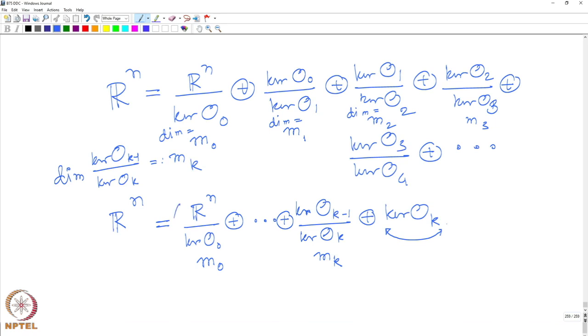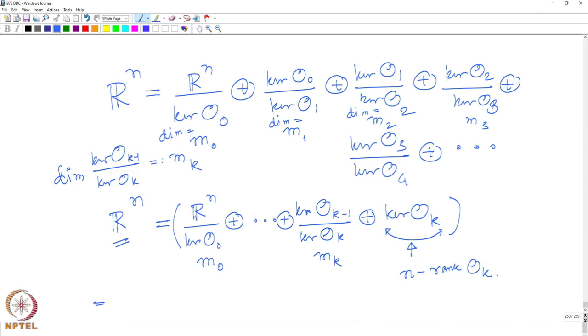Now when you have a direct sum decomposition, the dimensions of these components add up to give the dimension of the ambient space. What is the dimension of the last component? By the rank nullity theorem, it is n minus rank of O k.